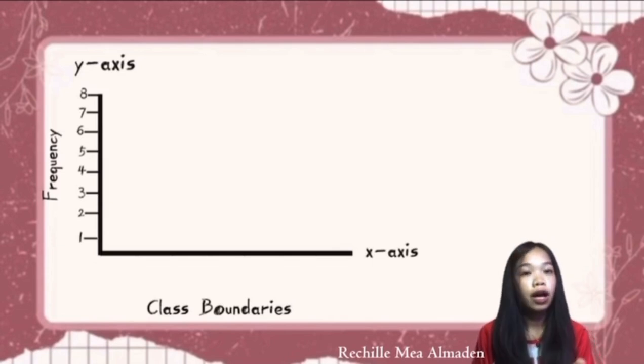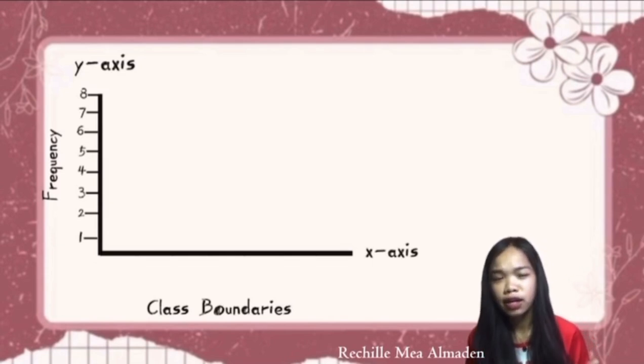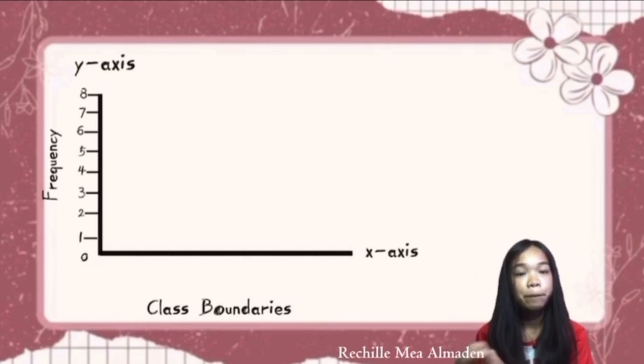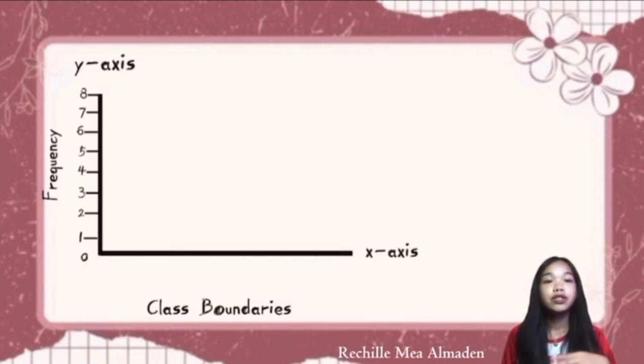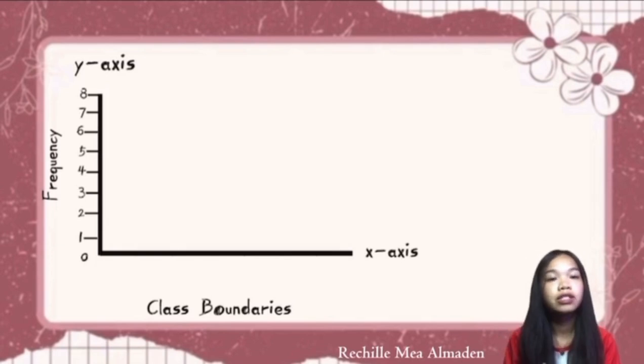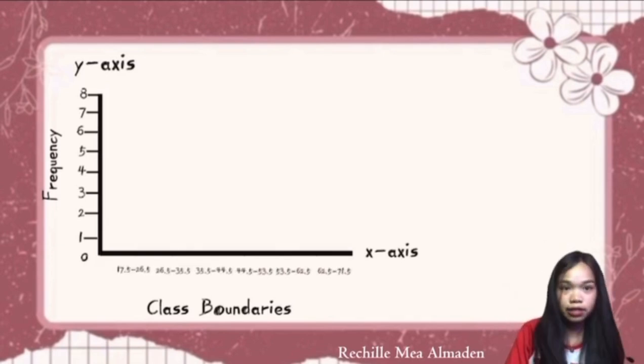So, and then the intersection sa y-axis and this x-axis is 0. Dinhi sa ubos. So, dinhi sa x-axis, ibutang na nato ang class boundaries, sugod sa lower to highest.